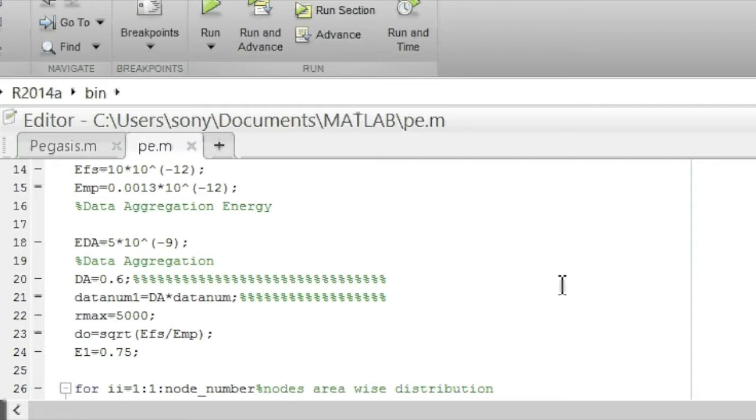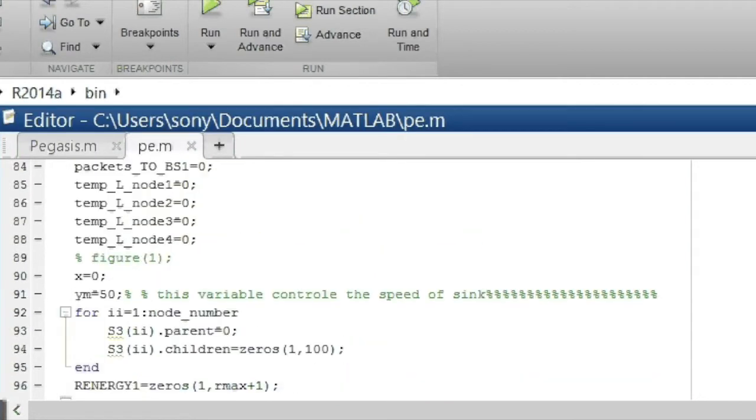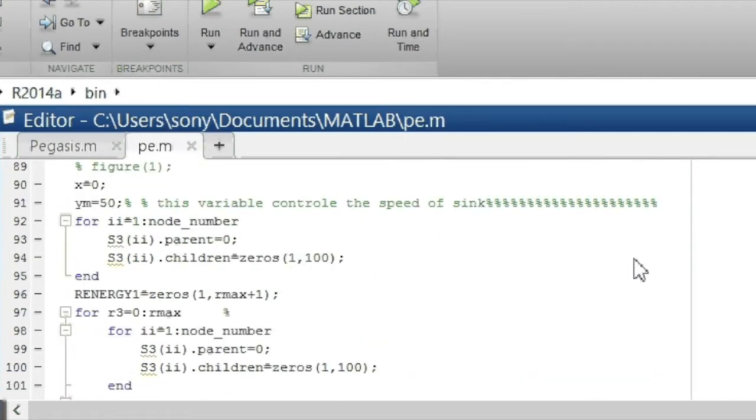So this is again the code for the multi-chain Pegasus protocol. The entire implementation is similar to Pegasus, except for the difference that the network area is divided into 4 regions. So in every region the chain formation takes place with the movement of the sync.